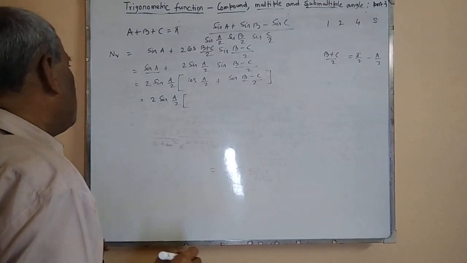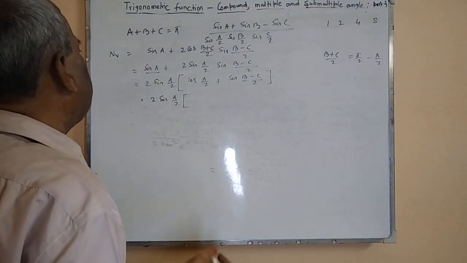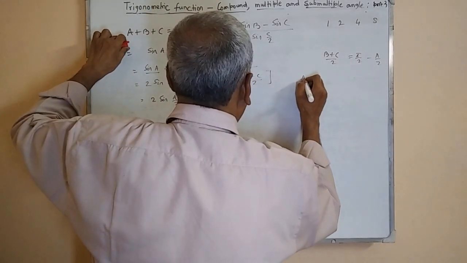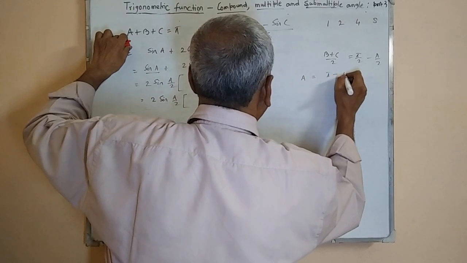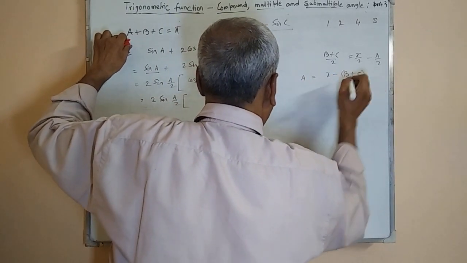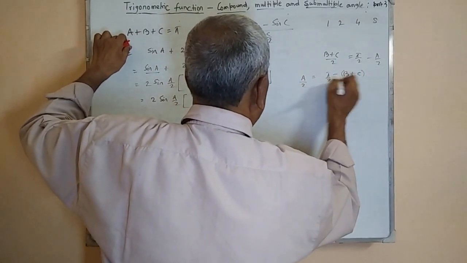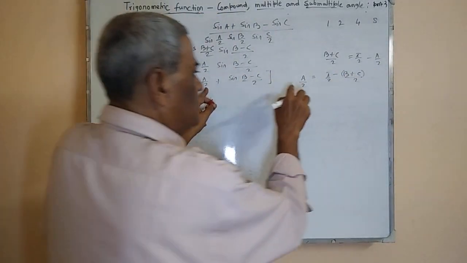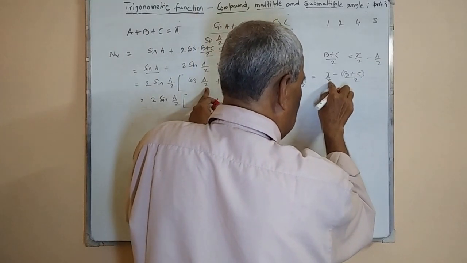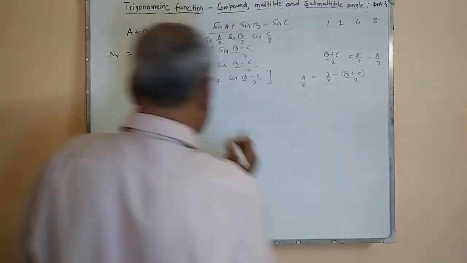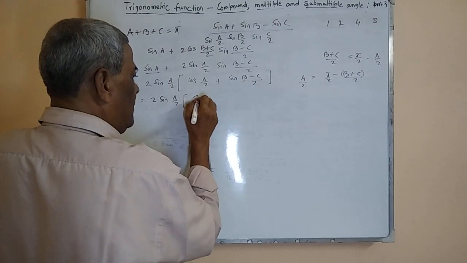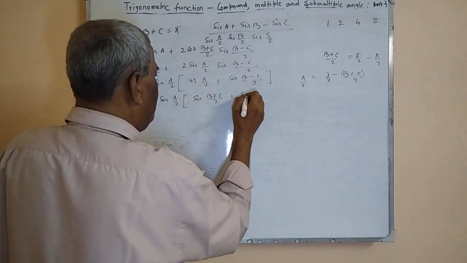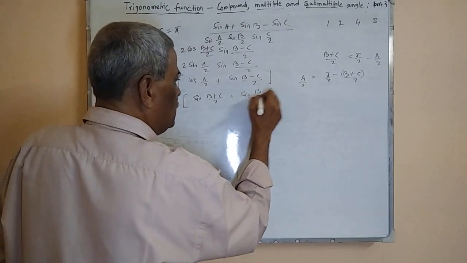Now cos A by 2 can be taken in terms of sine. How? A is equal to pi minus B plus C, so A by 2 is pi by 2 minus B plus C by 2, so cos A by 2 is equal to sine B plus C by 2. So it is sine B plus C by 2 plus sine B minus C by 2.